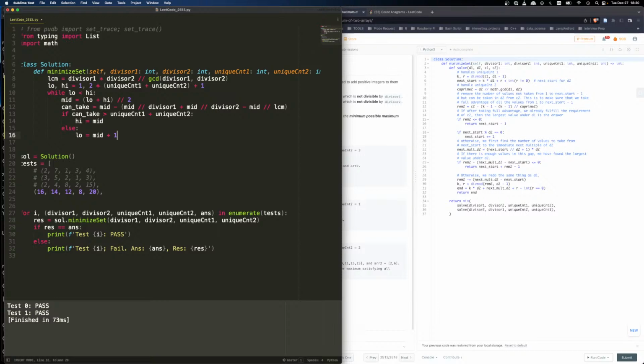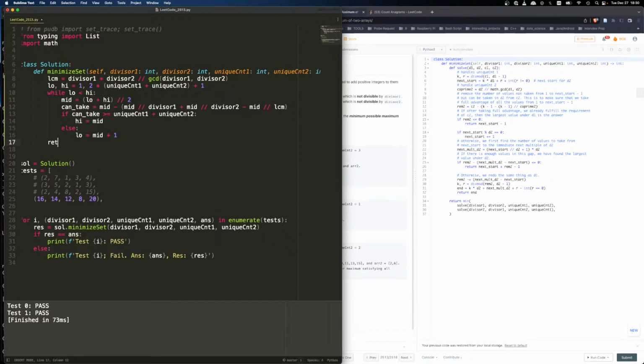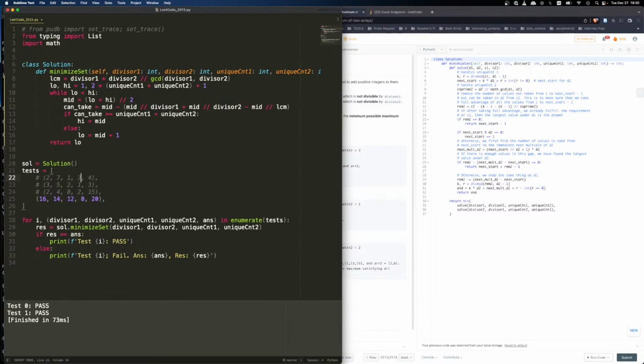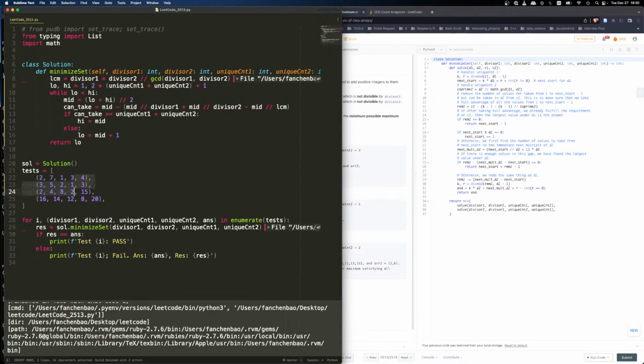So if it's smaller than the plus 1, it will be equal. But if it's equal, it will be too much. So we should change it, right? So say if can take is larger or equal to, then the high will be mid, so it will always be smaller, goes up. Then I think I will do it this way, okay? If I do it this way, I can just return low. Give this a shot.